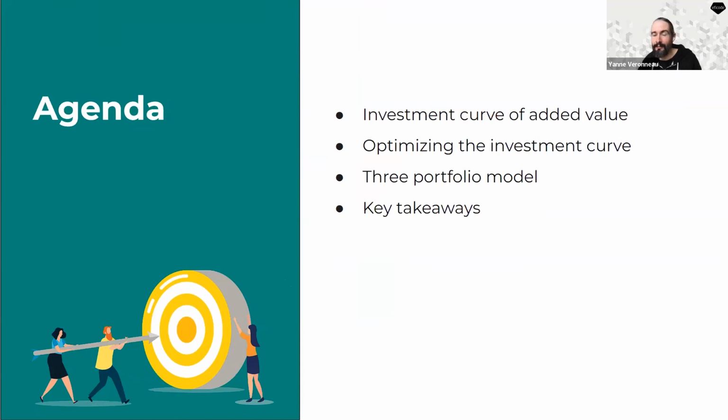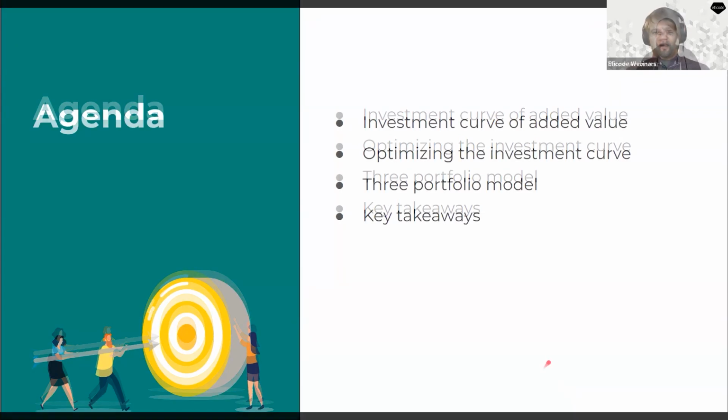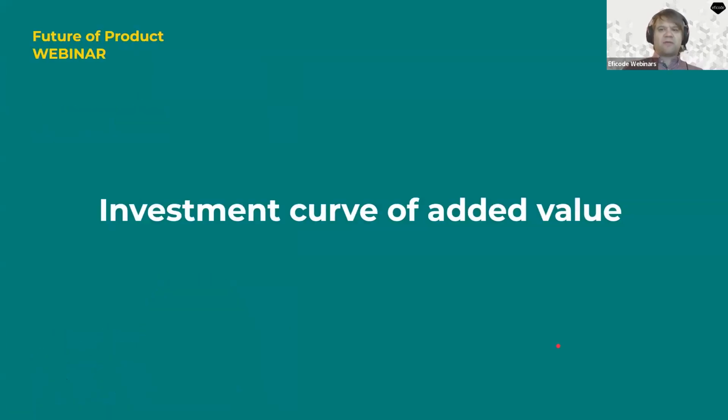We're then going to talk about optimizing the investment, the 3 portfolio model, and the key takeaways. So if you have any questions, please add them to the chat and I'll be addressing them whenever possible. Some might come in the presentation later on and we'll have some time to talk at the end of the webinar.